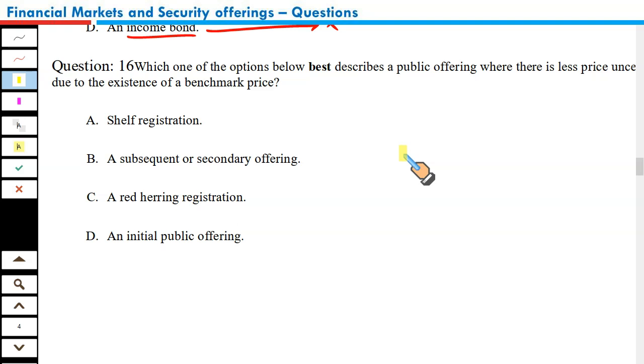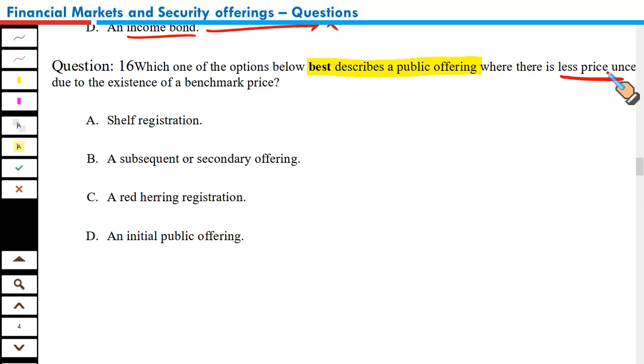Alright, next. Which of the following best describes a public offering where there is less price uncertainty due to the existence of a benchmark price? We are not worried about what the price is going to be.